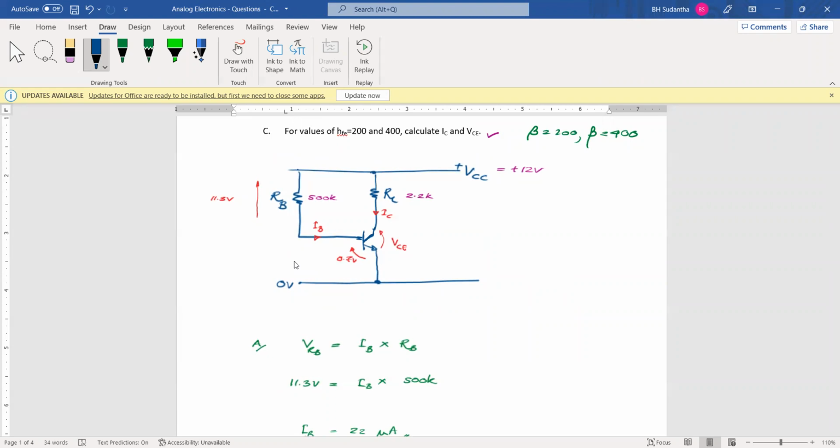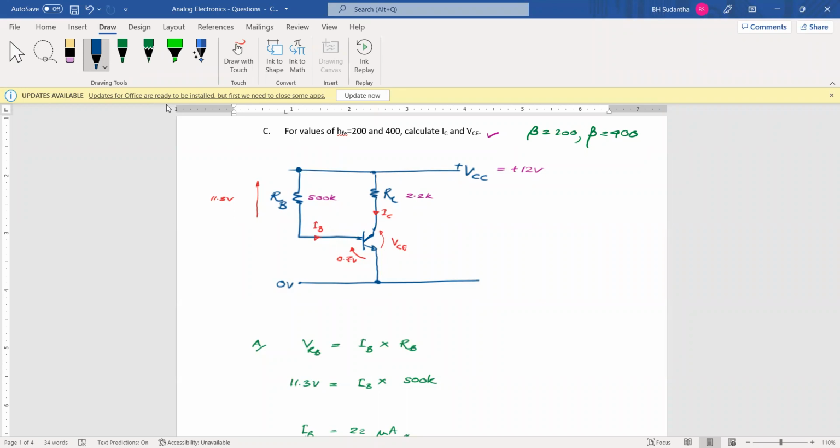Because at the base we have to provide a current in a very low range. It may be in the microampere range in this case. To reduce that current to the microampere range and take the power from the positive input, we have this arrangement.